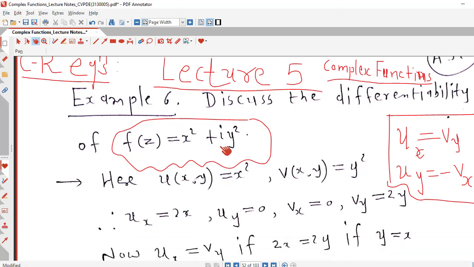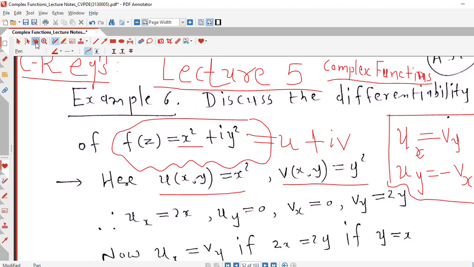You can see this function is already in the form u plus iv. If you compare this with u plus iv, then we obtain u equal to x square and v equal to y square.